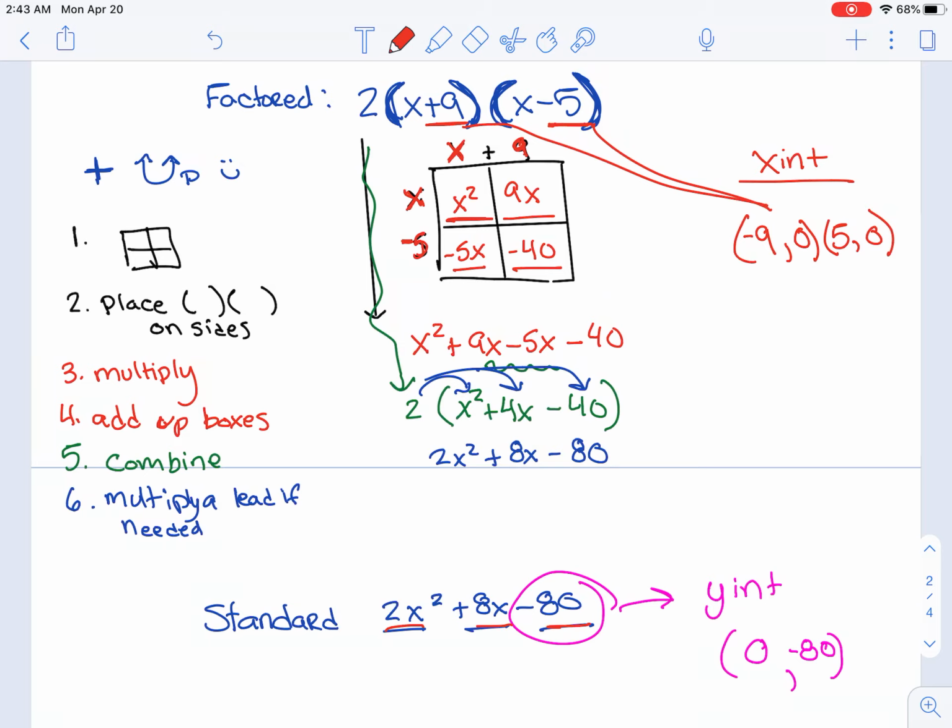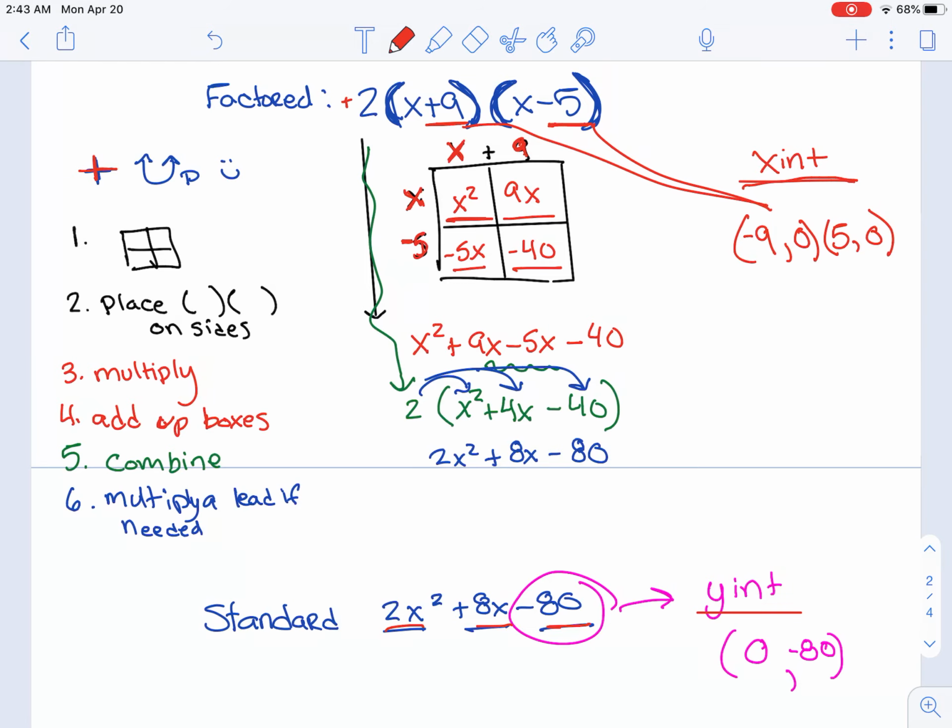And we're still working on that vocabulary of knowing that factored gives us x-intercepts, that standard gives us y-intercepts, that if there's a positive number in the front, it is a positive parabola that faces upwards. Notice that we didn't really graph today, and that's okay. We just still need to remember that this does make a U shape.